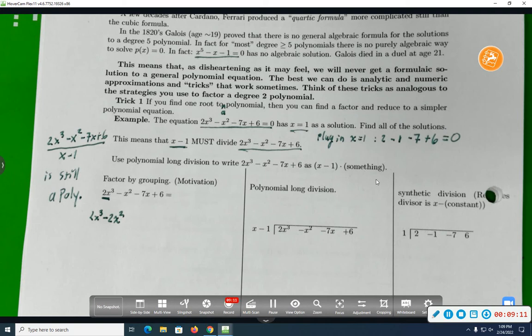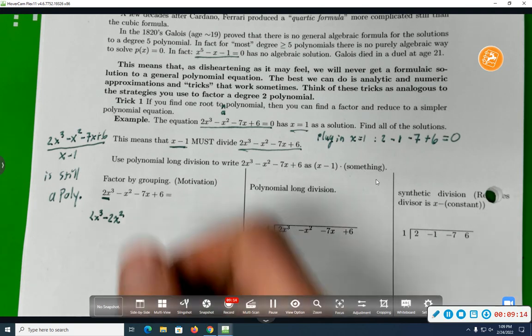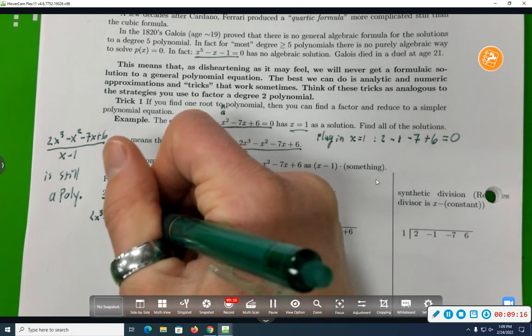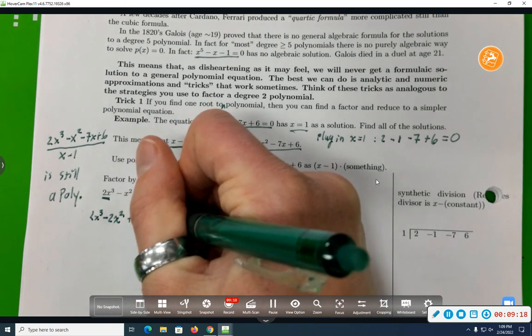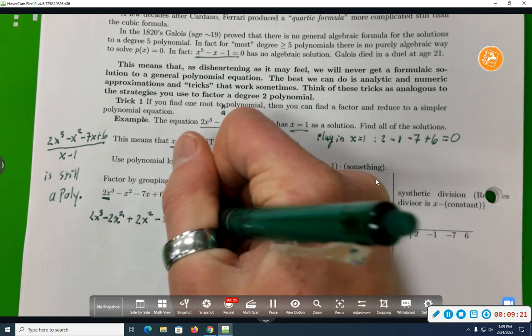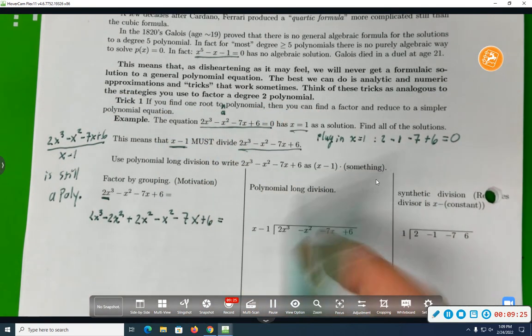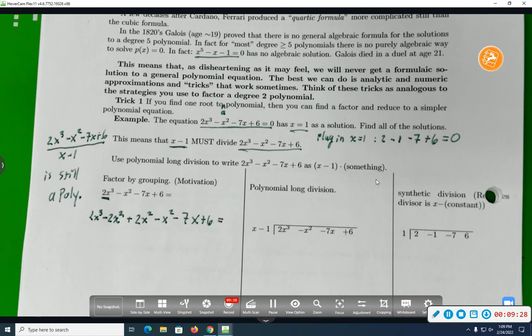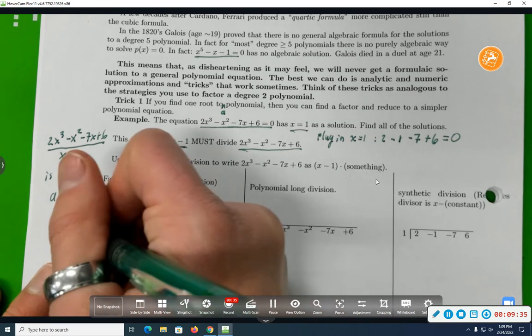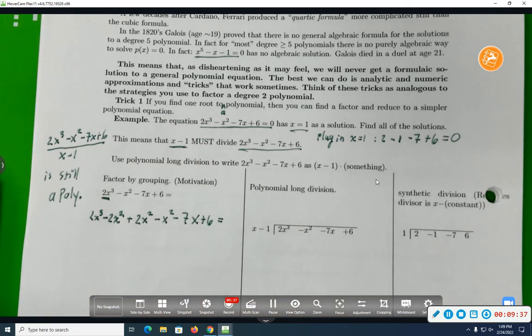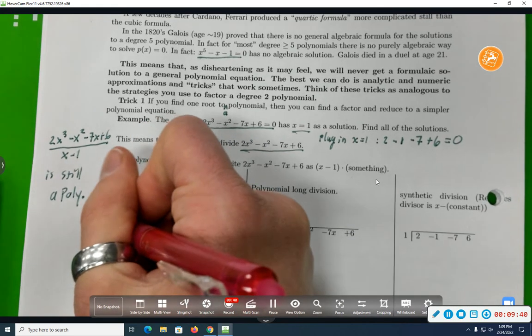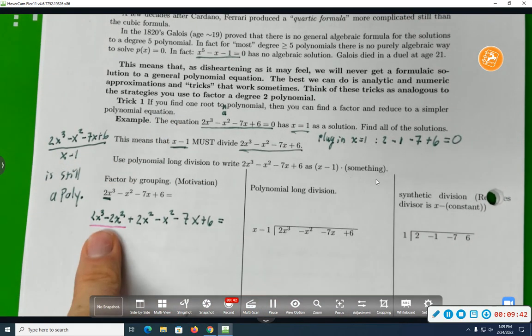So here's what I'll do. I'll subtract and I'll add exactly that thing. Minus 2x squared plus 2x squared minus x squared minus 7x plus 6. Do you agree that I have not changed anything? I subtracted and added a single thing? So here's the payoff. Now I see, focusing on this bit, does x minus 1 obviously factor out of that?